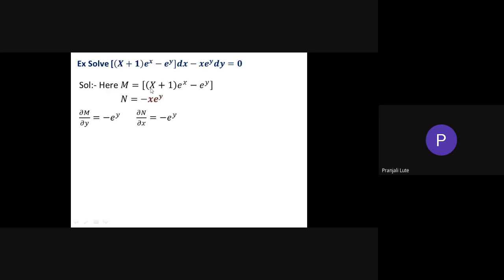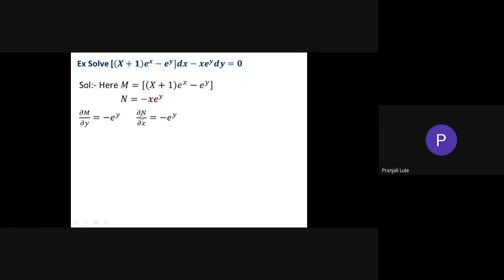So in the first term, x plus 1 is a constant term, e to the power x is also a constant term. So the derivative with respect to y is 0, minus the derivative of e to the power y with respect to y, which is e to the power y. So the value of del M by del y equals minus e to the power y.